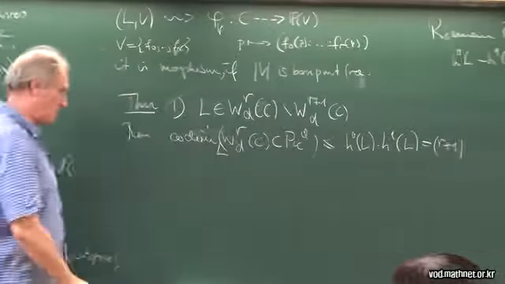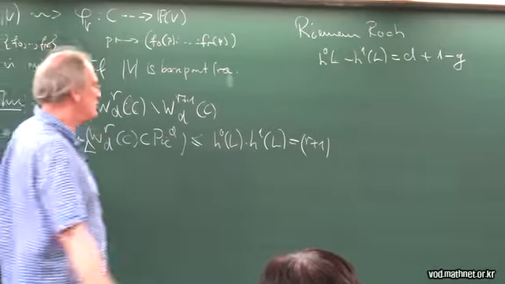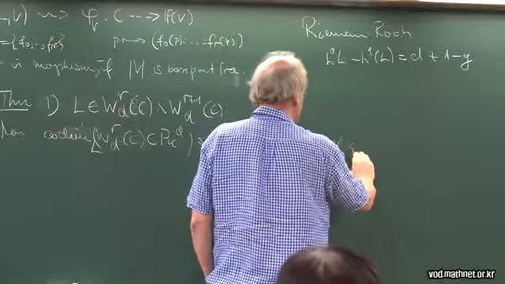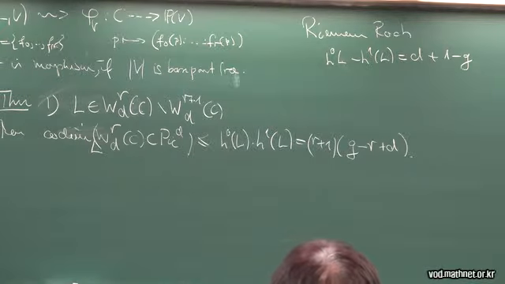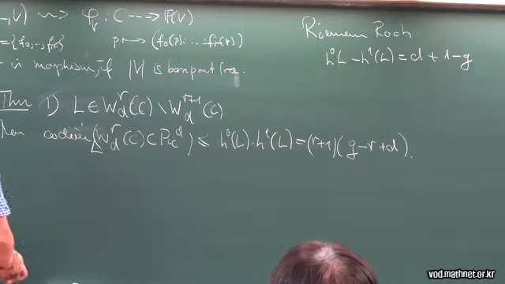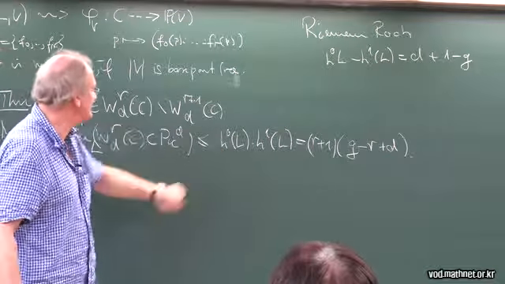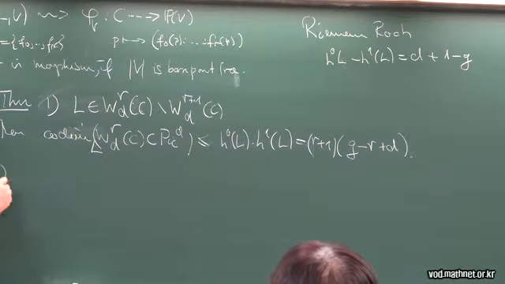And so h1 of L is g minus r plus d. So the codimension is at most this.